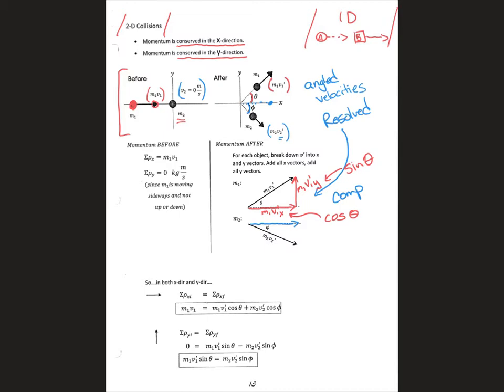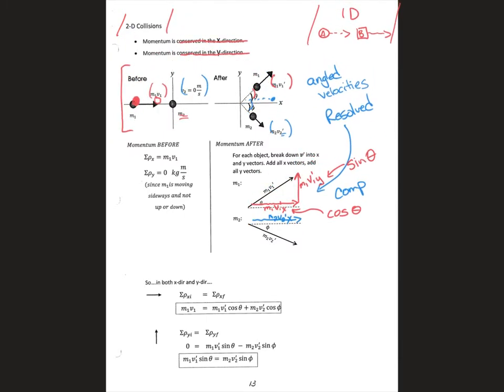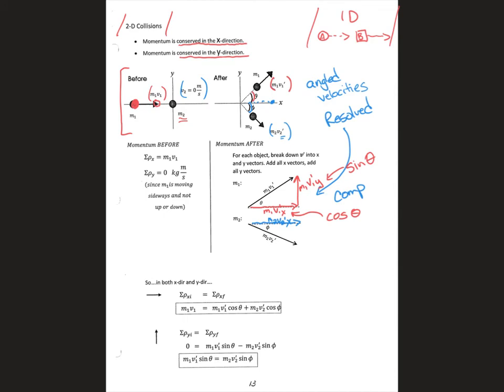So by drawing them a little bit separate like this, we now get m2 v2 prime x. I'll remember to zoom in next time. And here we have m2 v2 prime, but in the y direction.